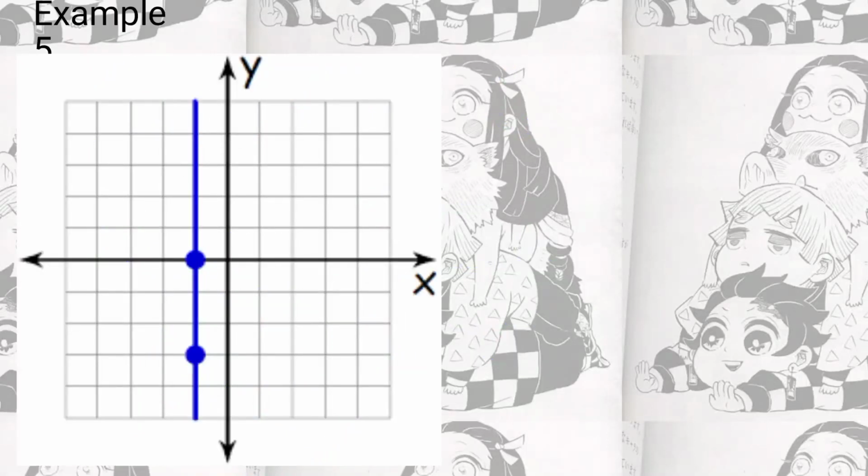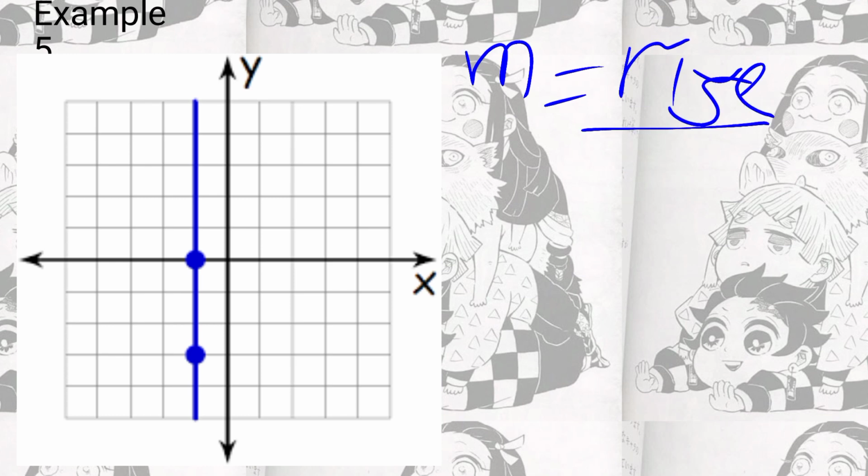Ngayon, paano naman sa example 5? So, kung makikita ninyo, ang graph ng line na ito ay vertical. So, tignan natin. Kung natatandaan ninyo, nabanggit na natin ito sa ating previous lesson na kapag ang graph ay vertical, ang slope natin ay undefined.